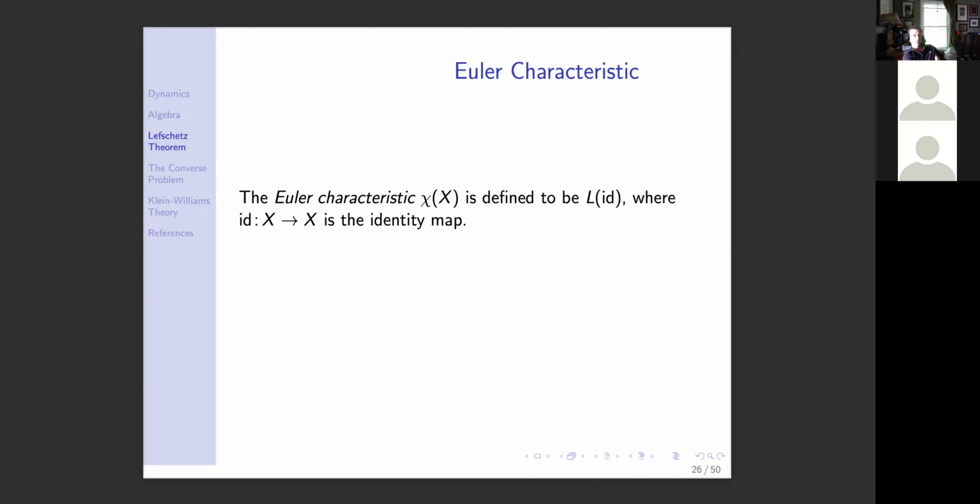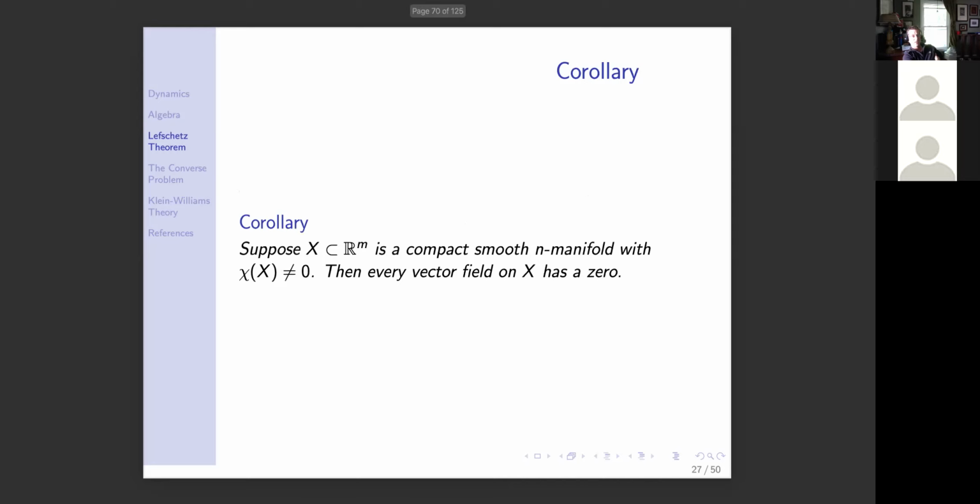So the Euler characteristic of X, which we're not going to use really in this talk, is defined to be the Lefschetz number of the identity map of X. And this turns out, because the trace of the identity is the dimension, to be just the alternating sum of the dimensions of the homology groups. Okay, so there's a corollary to this fact that I won't prove, that says that if X in R^m is a compact smooth n-manifold with non-trivial Euler characteristic, then every vector field on X must have a zero.